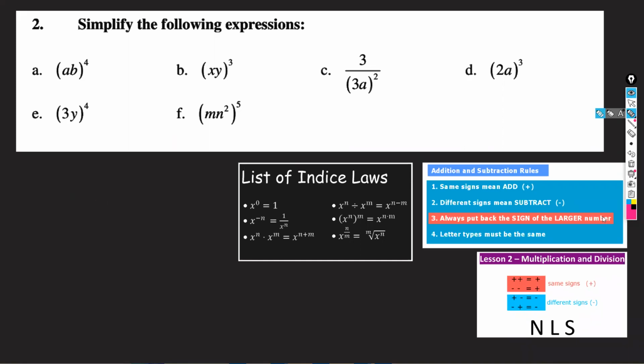So before we start the questions, let me just refresh your memory. This basically means when we have brackets and we have powers, right? So for example, if we have 4 in brackets and a squared outside. How brackets usually work is that everyone in the brackets gets subjected to whatever is outside the brackets.